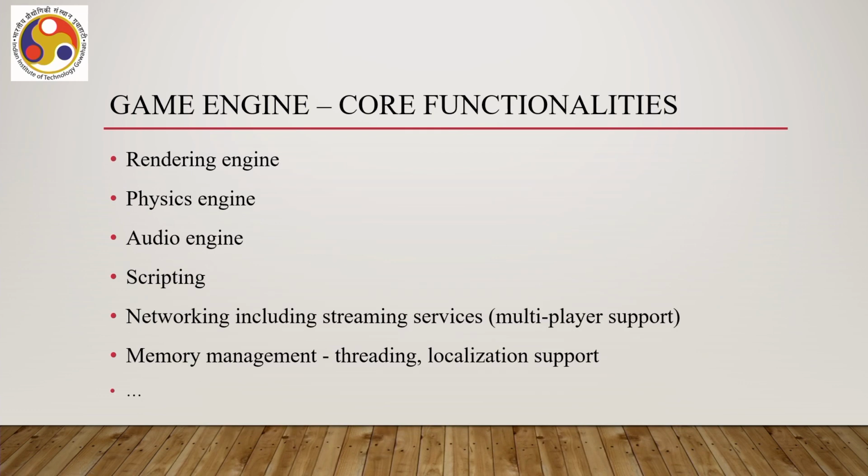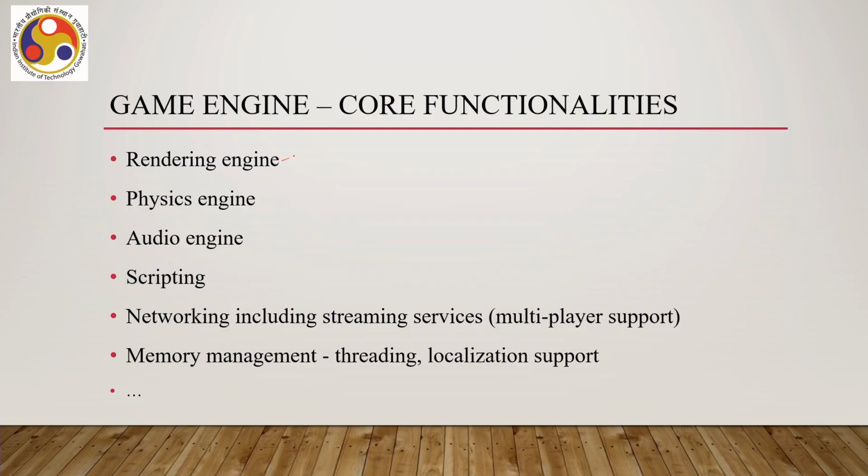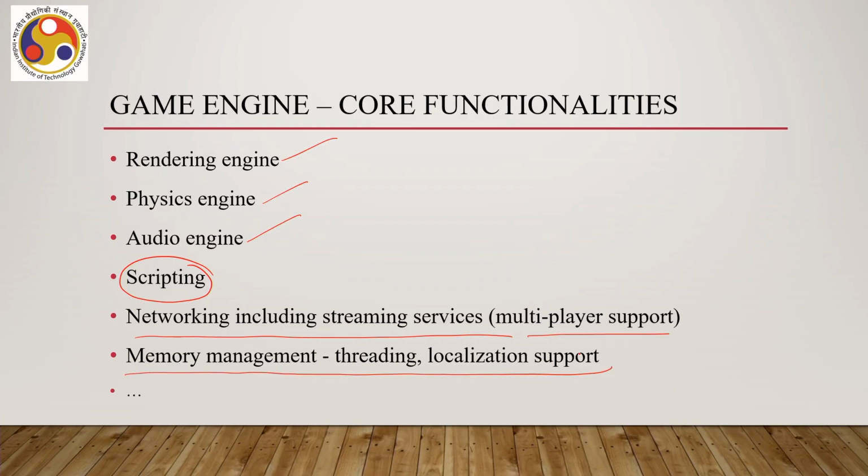So, then we can say that typically game engines have some core functionalities which are rendering support, physics support, audio support, scripting for customizing various features, networking support primarily for multiplayer collaborative VR experience, as well as some low level support for various platform specific tasks, including memory management and other activities.